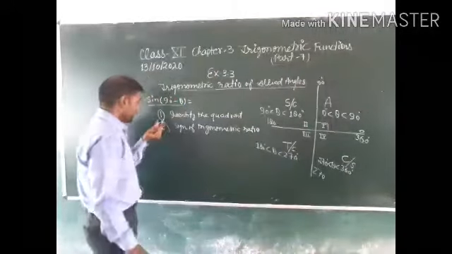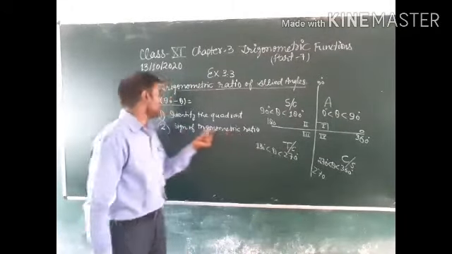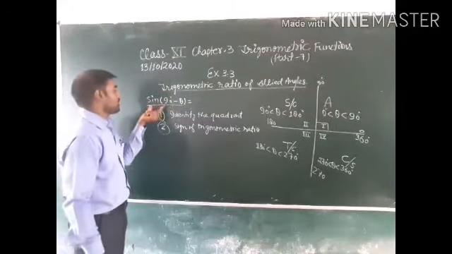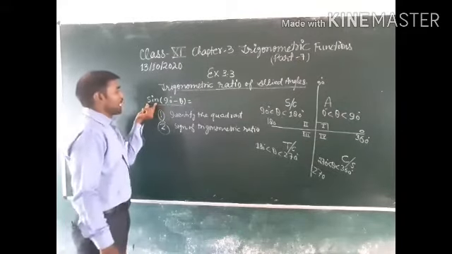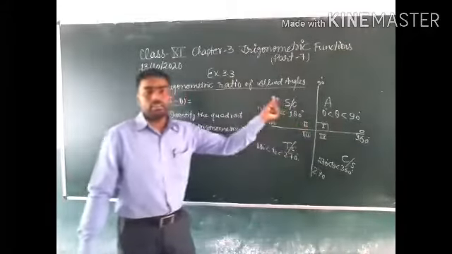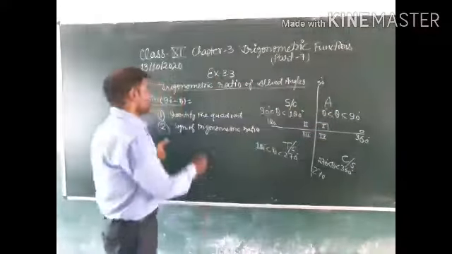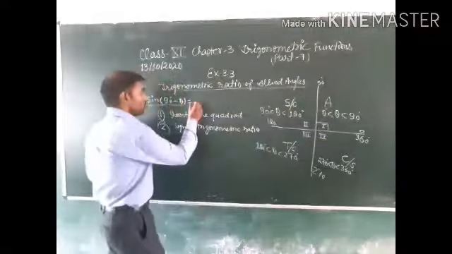So the second step is the sign of trigonometric ratio. What is the sign of sin 90 minus theta? It belongs to first quadrant, and in the first quadrant all trigonometric ratios are positive. So this is positive.